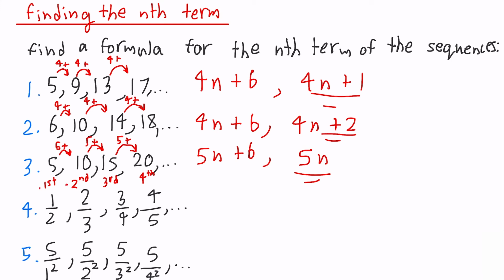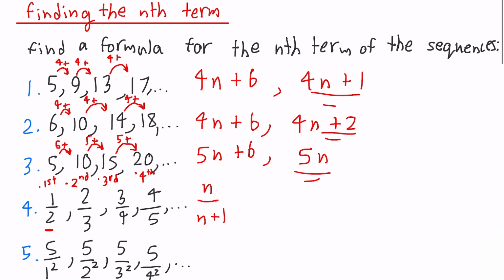So first, second, third, fourth. So it's going to be n over n plus 1. As you could see here, to get from 1 to 2, we need to add 1. So it's going to be n over n plus 1.